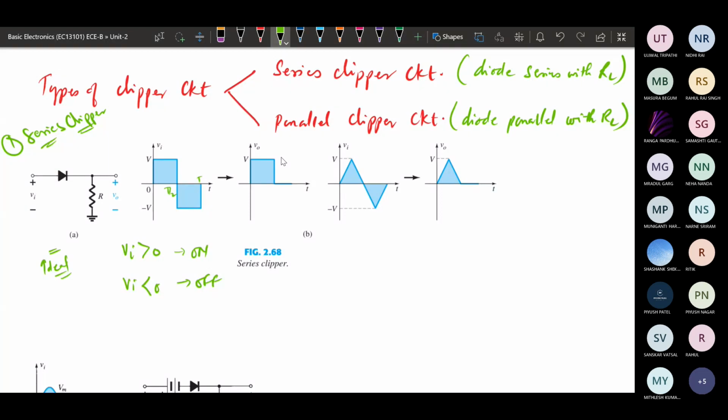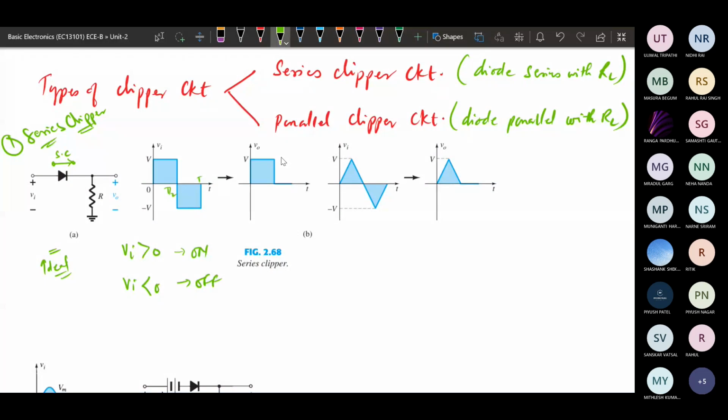If the diode is on, it will be a short circuit. So whatever input we have applied, the same input will appear at the output across the resistor. In the positive half cycle, from 0 to T by 2, the input waveform is positive, so the same voltage will appear at the output.